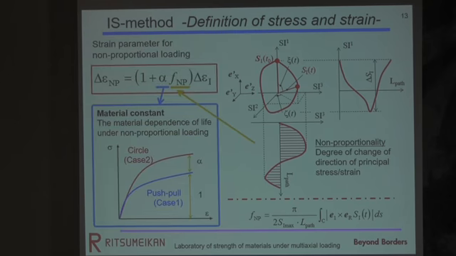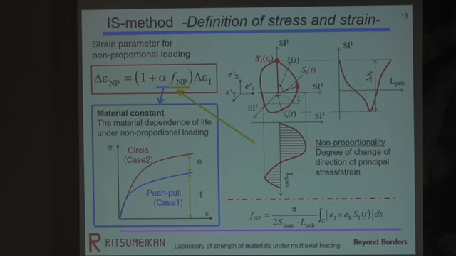And our laboratory presents this strain parameter for evaluating non-proportional loading, like this equation. This delta epsilon I uses this delta SI, the load and strain range.